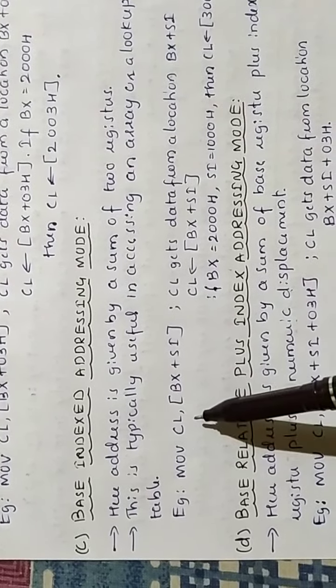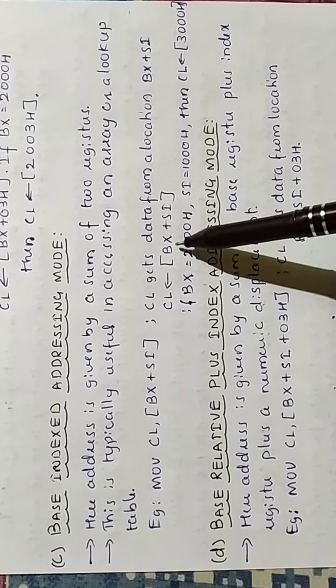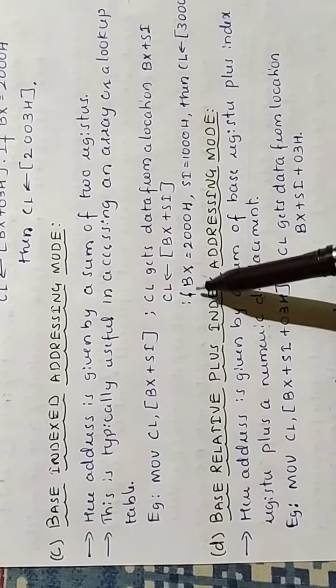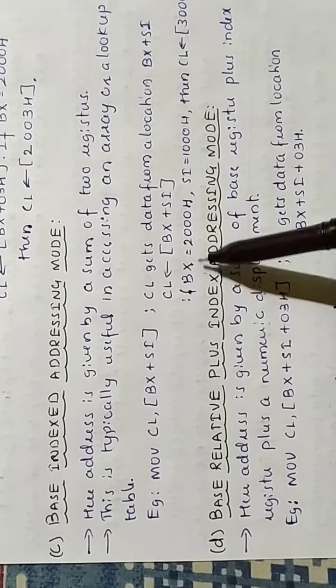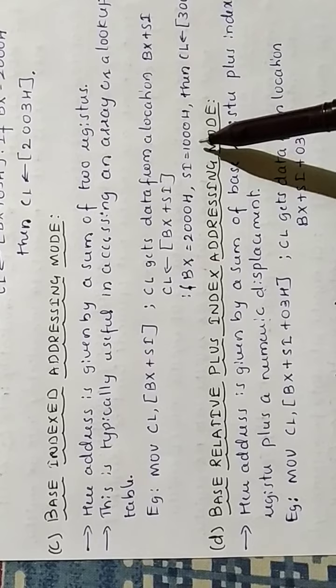For example, MOV CL, [BX+SI] means CL gets data from the location BX plus SI. For example, if BX equals 2000H and SI equals 1000H, the sum becomes 3000H, and the data at that location moves into the CL register.